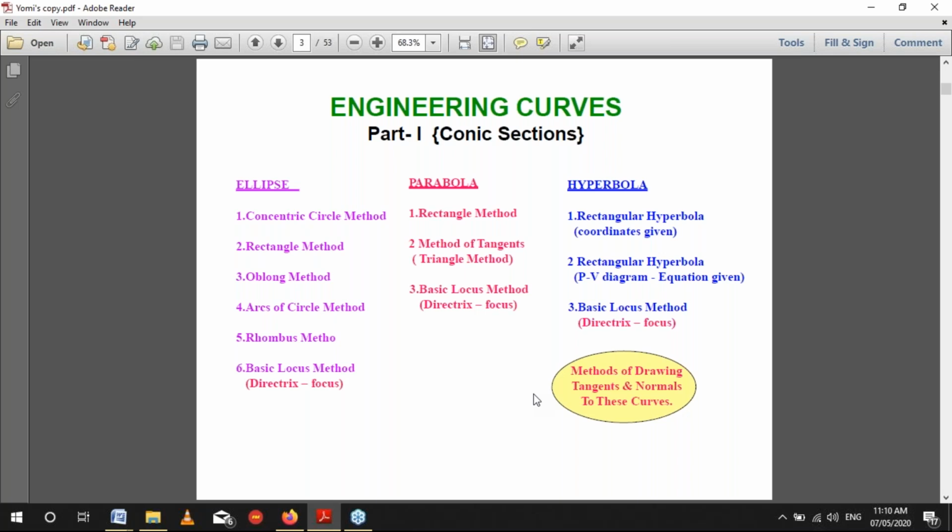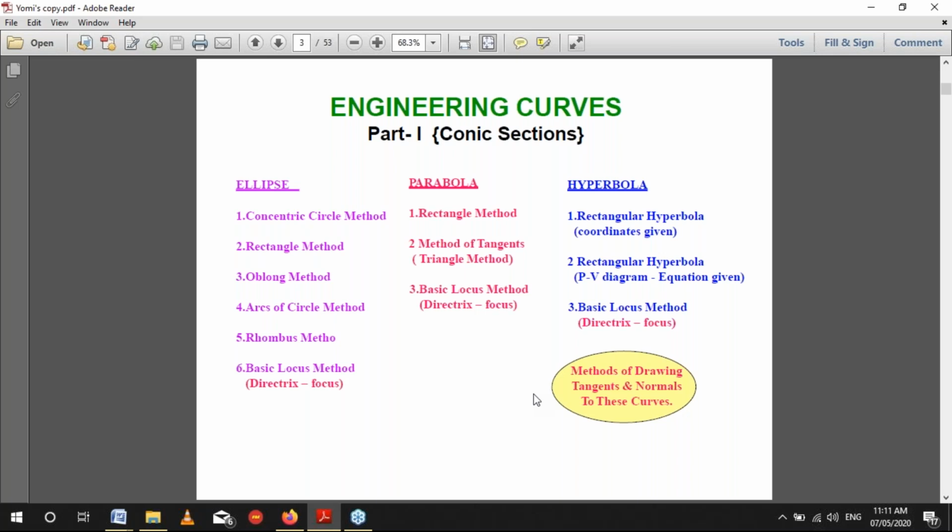So now here we'll be talking about the ellipse, the parabola, the hyperbola, which you are seeing on the slide right now. Under the ellipse, we'll be looking at concentric circles, rectangular method, oblong method, arc of circle method, then the Rabatment method, then basic locus method.